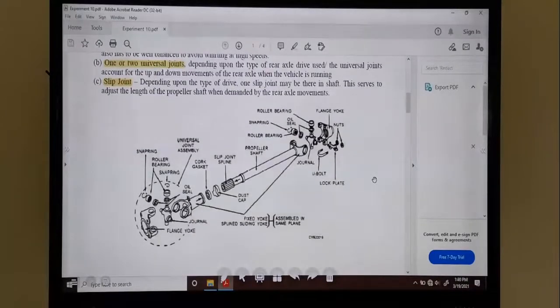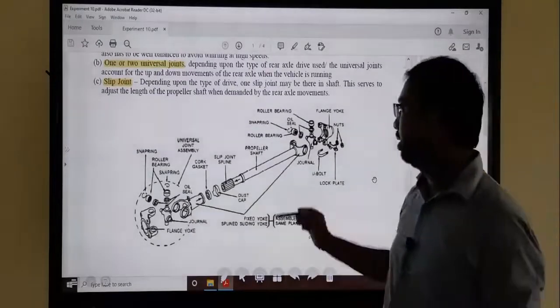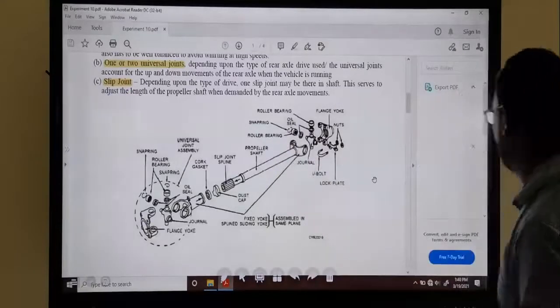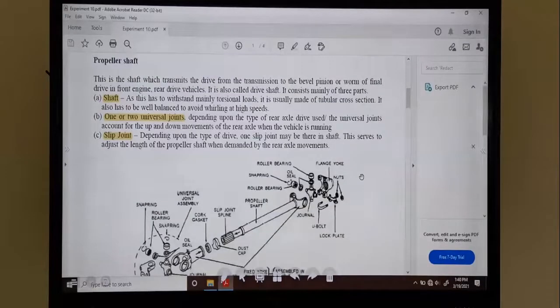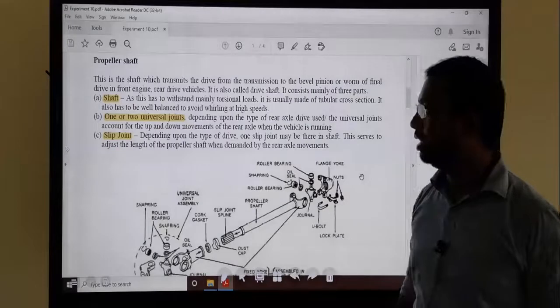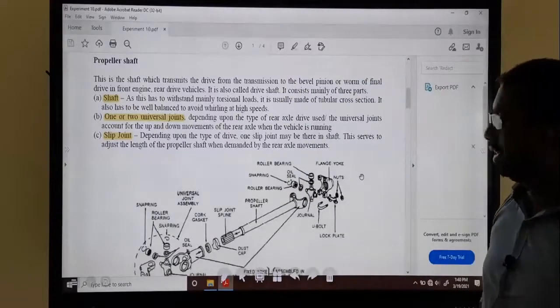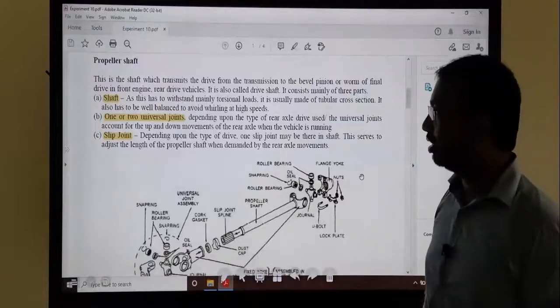So this is the propeller shaft. Normally it is tubular. The propeller shaft has three major parts. First, the shaft.